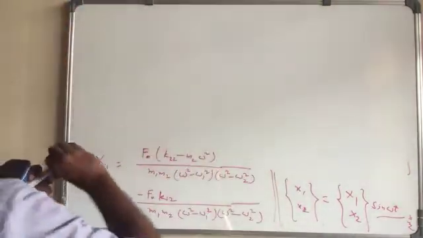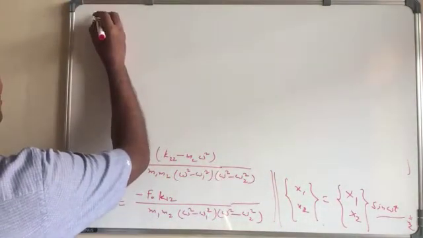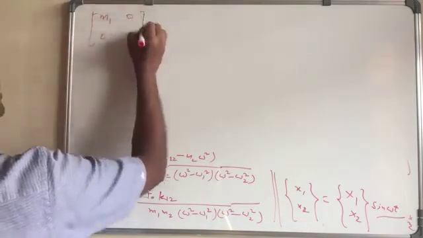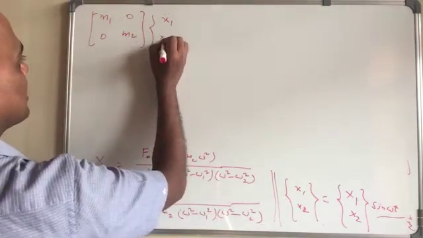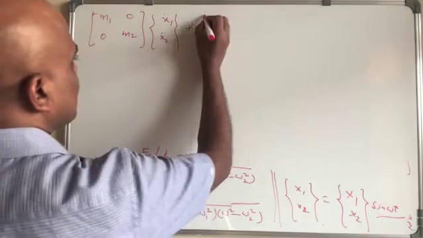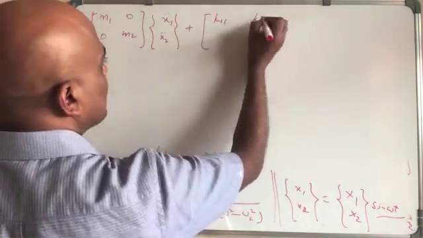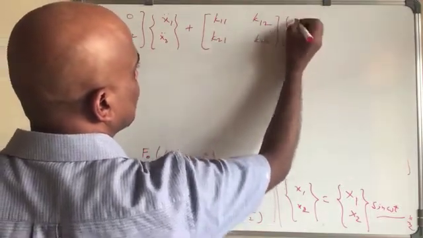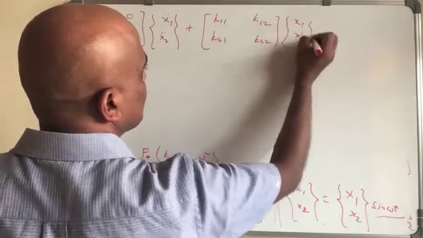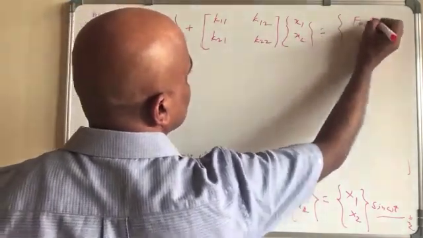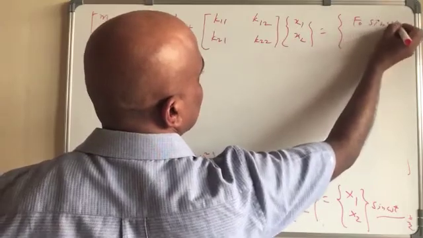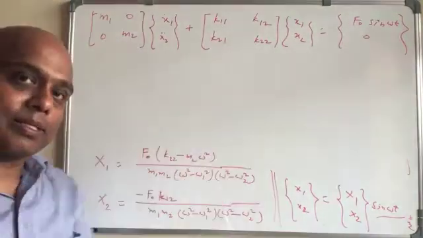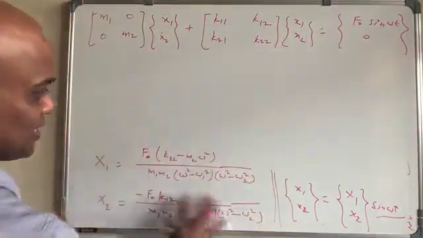This solution is valid when the equation looks like this: m1 0 0 m2, and here x1 double dot x2 double dot plus k11 k12 k21 k22, and here x1 x2 is equal to f naught sine omega t, 0. Okay, if the problem is this one, then the solution is this one.